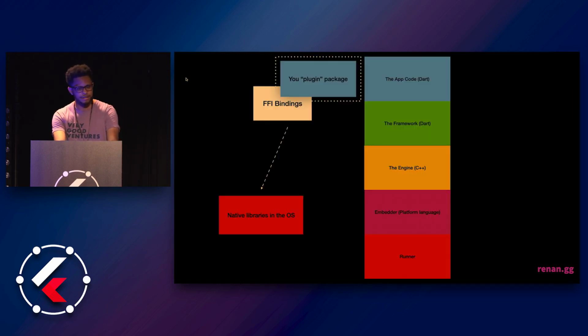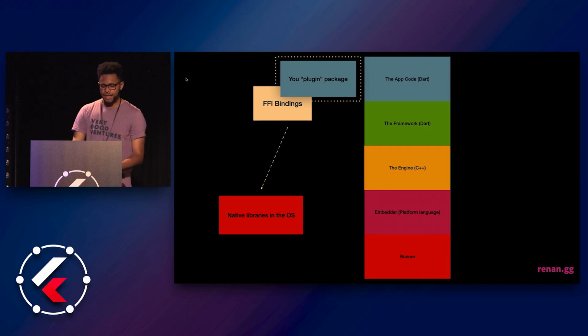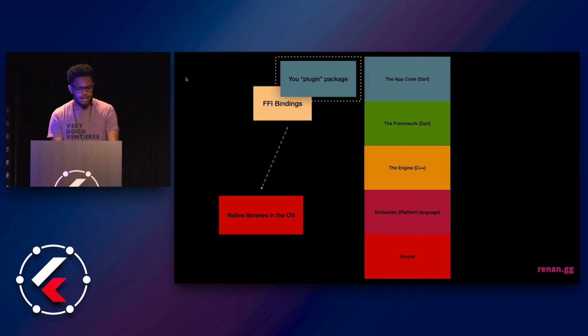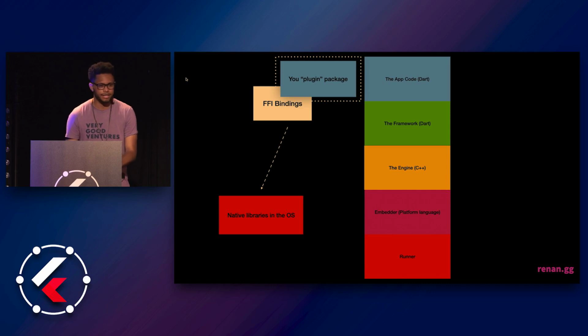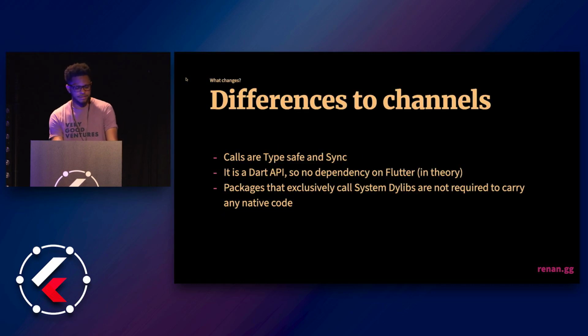You have the plugin package where we isolate the functionality, and we call the bindings, and the native libraries are in the operating system. So it's totally independent of Flutter. It's an actual Dart package. So most packages that are written like this can be used on Dart CLIs, for example. So it's totally independent.